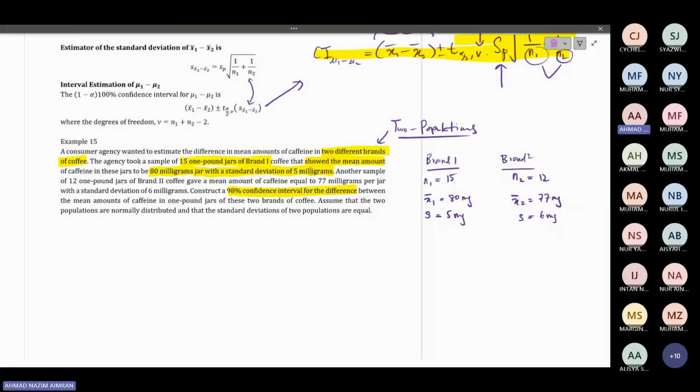Kat situlah yang tu you kena guna yang one population, bukan two populations. Okay, and the last one, this is very important. Assume that the two populations are normally distributed and that the standard deviations of the two populations are equal. Okay, for this one, this is the hint for you to choose whether you want to use case number 2 or case number 3.